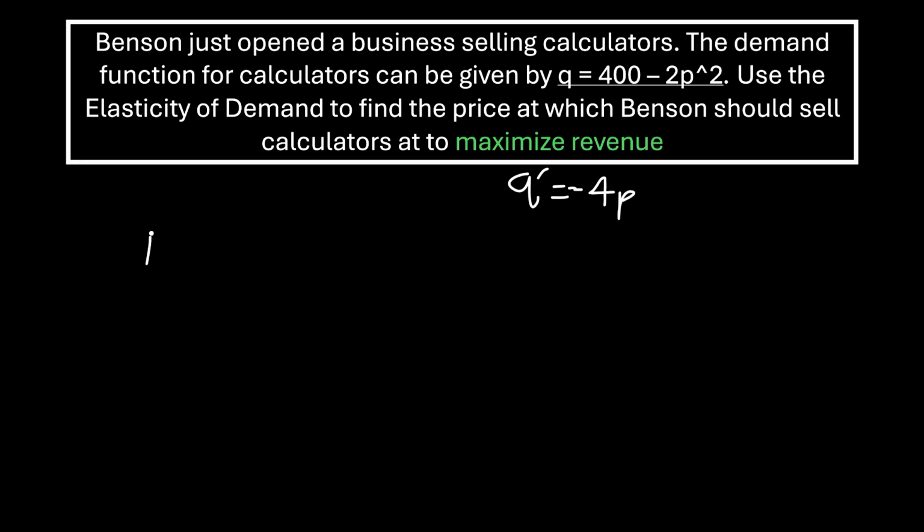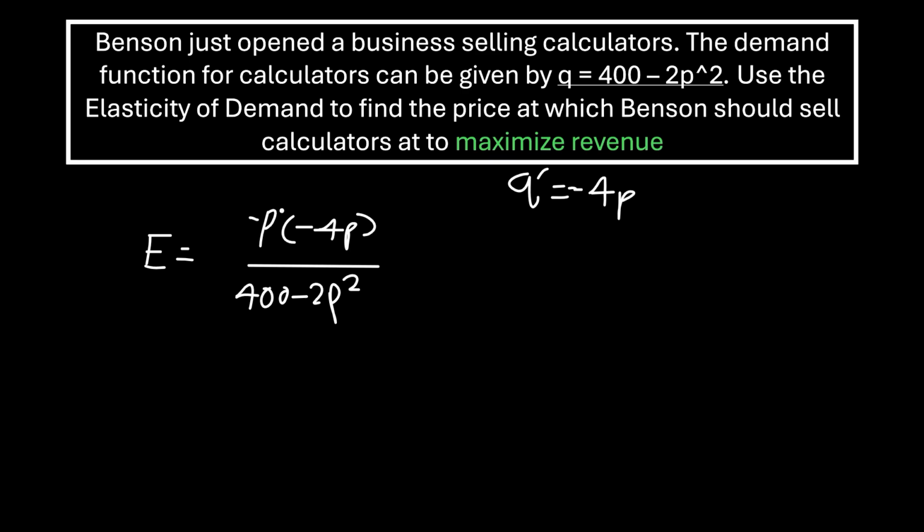So E would equal negative P times negative 4p divided by 400 minus 2p squared.